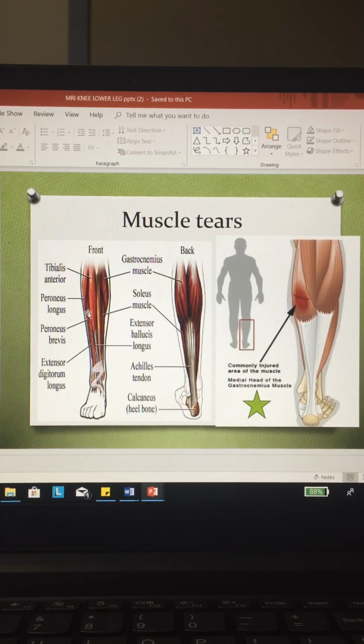The gastrocnemius muscle, we shorten it and say gastroc, but that is your calf muscle. We can all reach to the back of our leg and we know where our calf muscle is, right? That is your gastrocnemius muscle. It's the muscle on that outer edge of your calf.